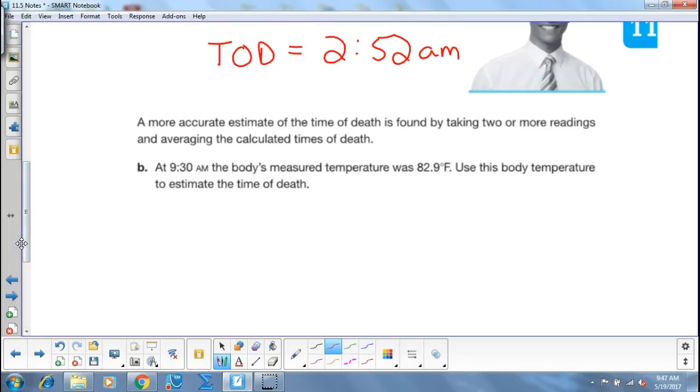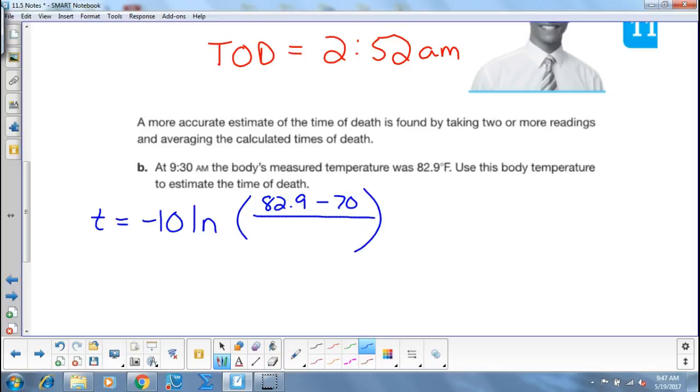A more accurate estimate of the time of death is found by taking 2 or more readings and averaging the calculated times of death. So at 9:30 a.m., the body's temperature was measured to be that. Okay? Use this one now to estimate the time of death. So t here is going to equal negative 10 times the natural log of 82.9 minus 70 all over 98.6 minus 70.